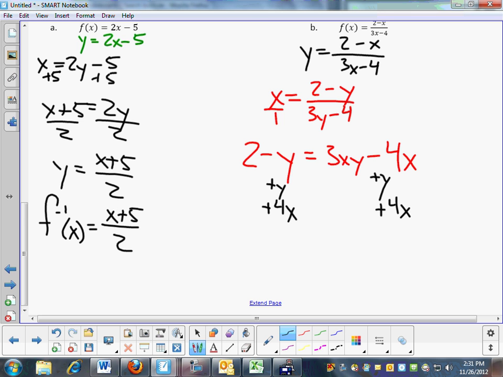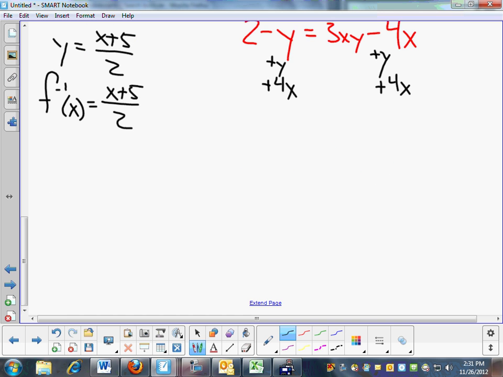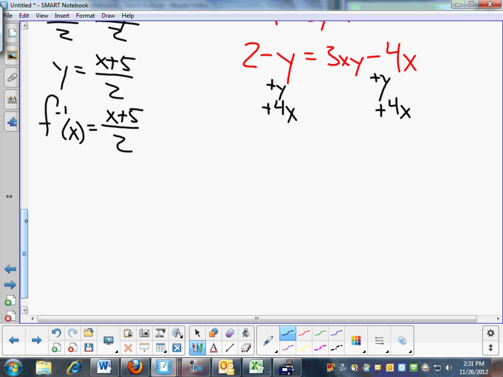Is that okay? So as I've done that, I have 2 plus 4x equals 3xy plus y. So what I've done is I've gathered all of my y's on one side and everything that doesn't have a y on the other side. Remember what you do now? Factor out the y.